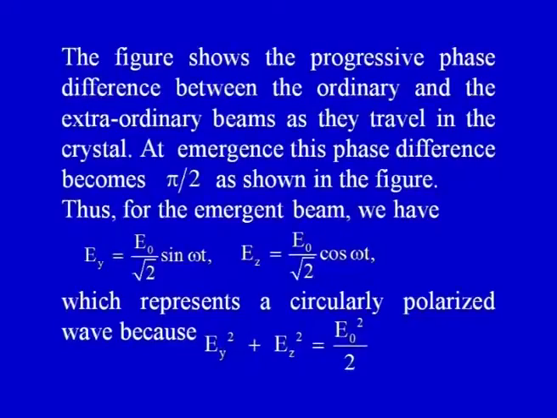Thus, for the emergent beam, we have Ey equal to E naught upon square root of 2 times sin omega t, and Ez equal to E naught upon square root of 2 cos omega t, which represents a circularly polarized wave, because Ey squared plus Ez squared is equal to E naught squared by 2, which is the equation of a circle.